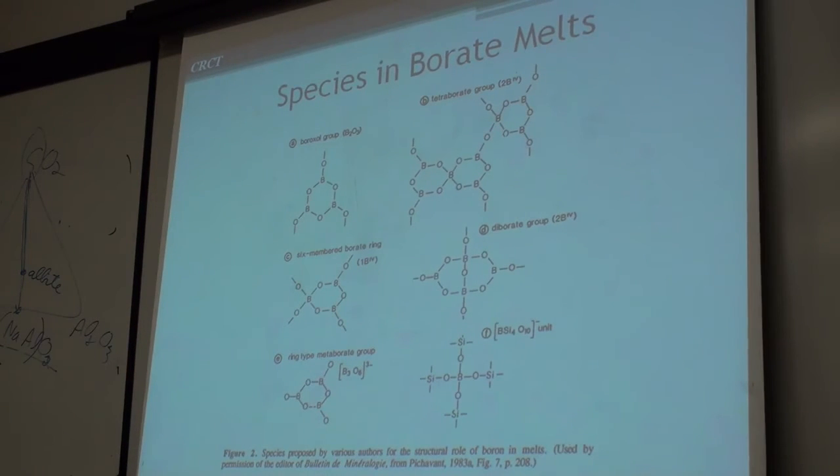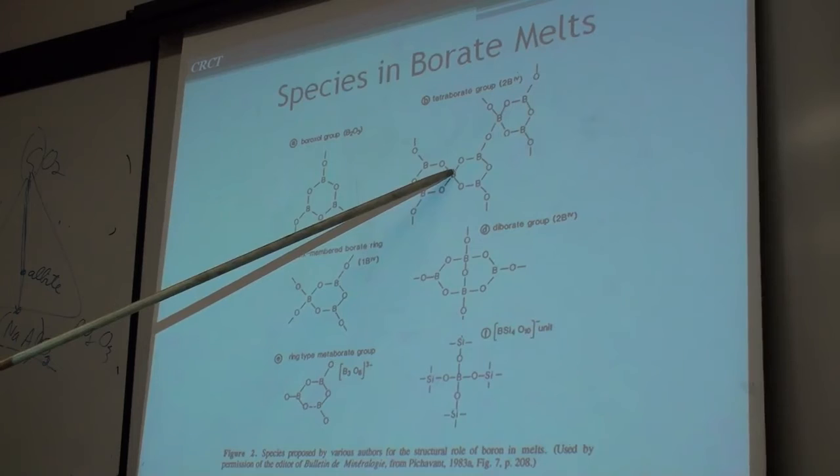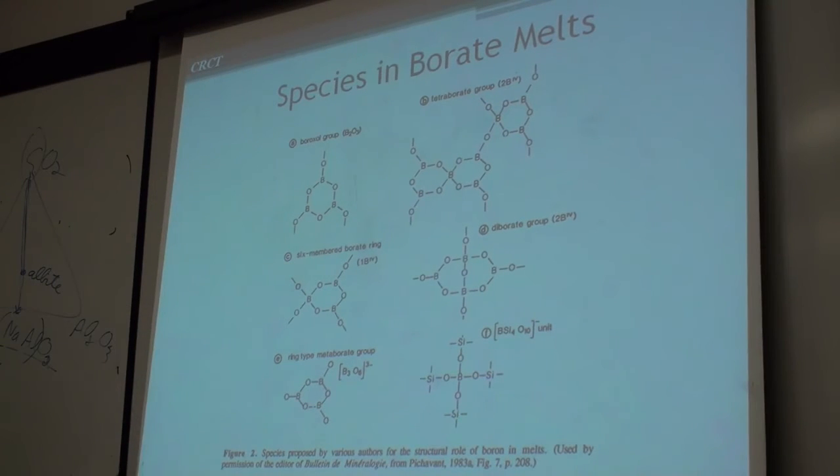If you add sodium oxide and calcium oxide to it, then you can start to distinguish all sorts of ways that you can put the 3s and 4s around it. You can also imagine that if you try to mix boron with silicon, then the silicon can occupy the tetrahedrally coordinated sites, and the actual structure becomes extraordinarily complicated. But it still is a network structure, it just ain't a simple network structure.